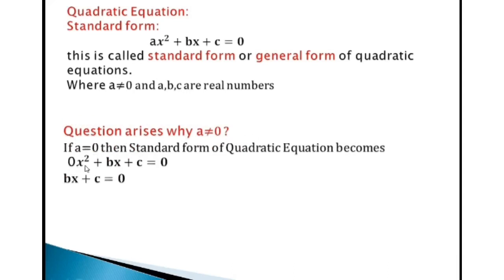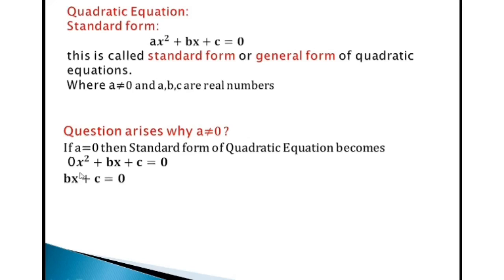When we put 0x square, when 0 is multiplied by x square, it becomes 0 and we get bx plus c is equal to 0. Here the degree is 1, meaning the highest power of the variable in this equation is 1.